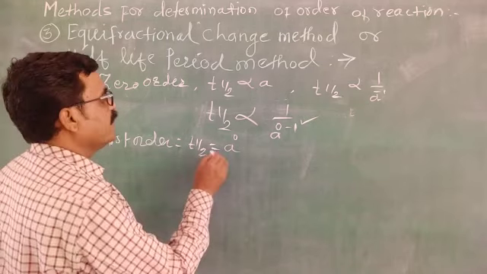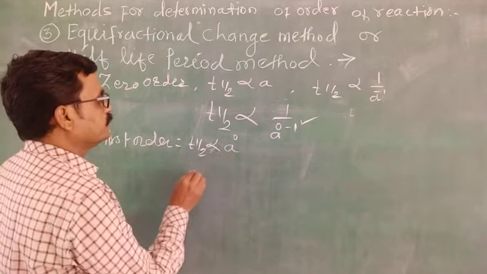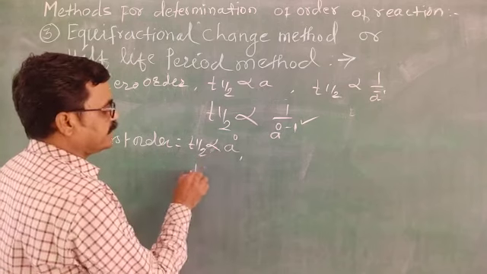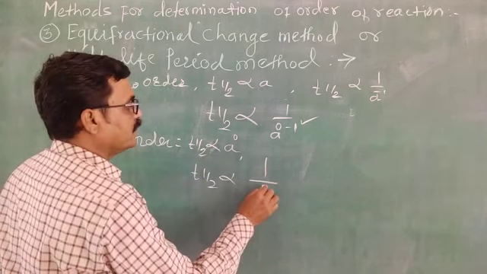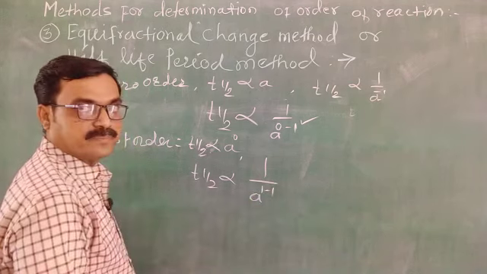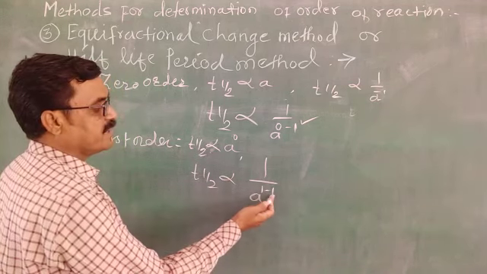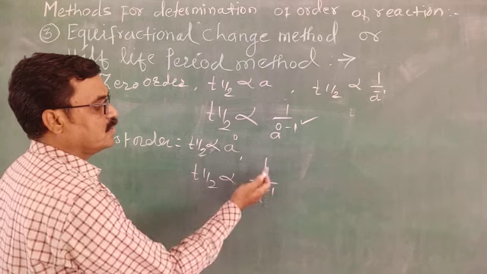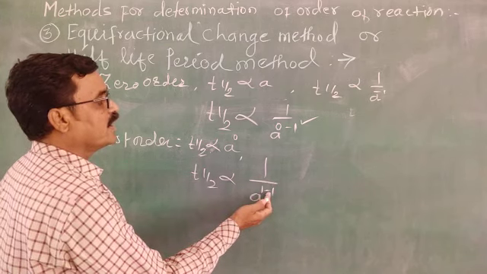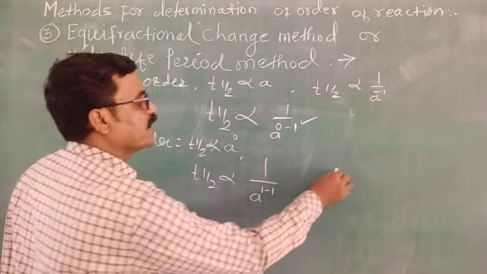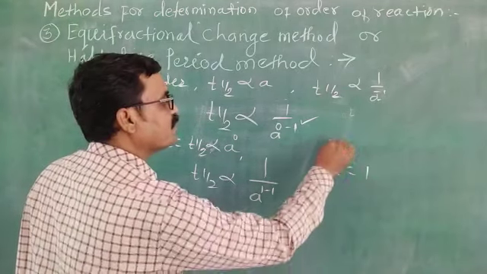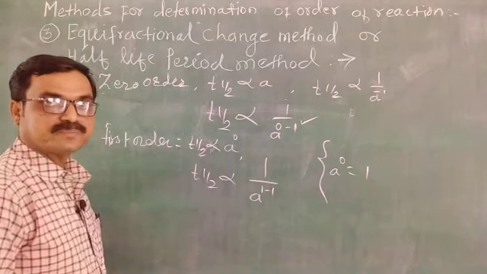So this can be written as T half is proportional to 1 upon A raised to power 1 minus 1. 1 minus 1 means 0, and A raised to power 0 is again some constant, it may be 1.